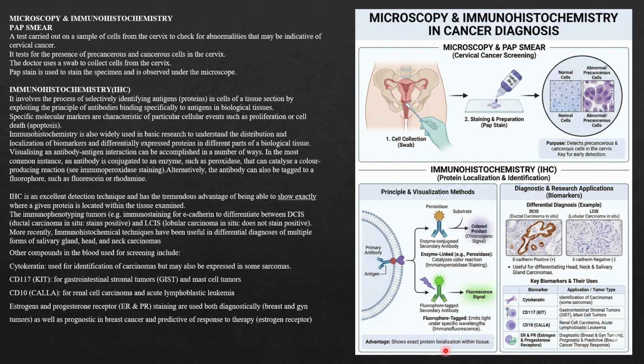This shows the exact protein localization within the tissues. There are other diagnostic and research applications based on biomarkers, and these biomarkers can be cytokeratin, CD117, CD10, and estrogen and progesterone receptors, which are applicable in different types of cancers and tumors.